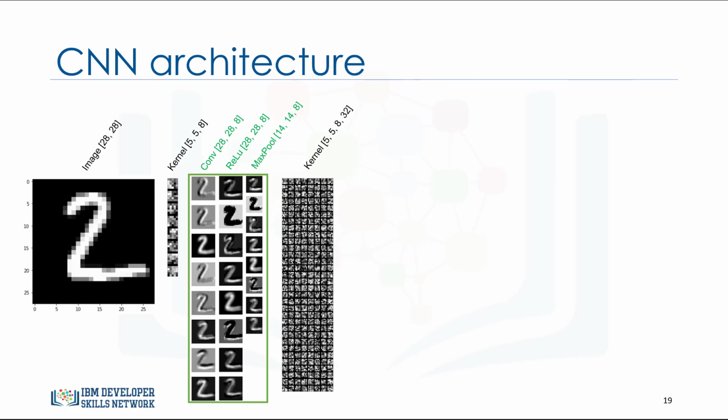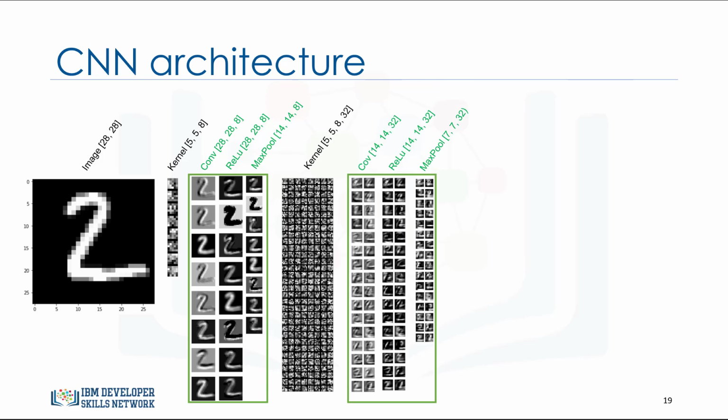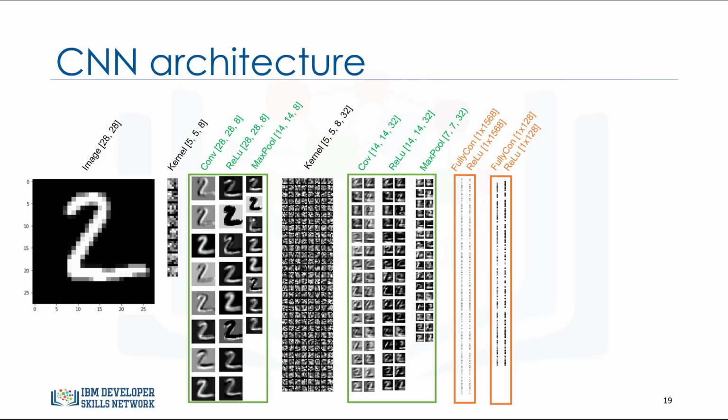In the second convolutional layer, we use 32 kernels. Again, we apply ReLU and MaxPool. We connect the outputs to a fully connected layer. Also, we use a second fully connected layer with a lower number of nodes. And finally, we use softmax in the last layer.